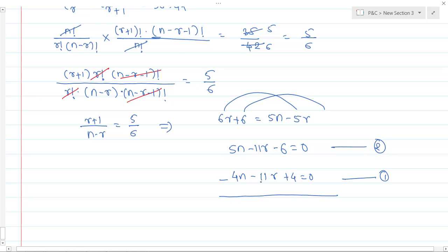So minus plus, so this becomes minus. So minus 11r plus 11r cancel. So 5n minus 4n becomes single n. Minus 6 minus 4 becomes minus 10 equals to 0. So n is equals to 10. Is it okay? Do you understand?